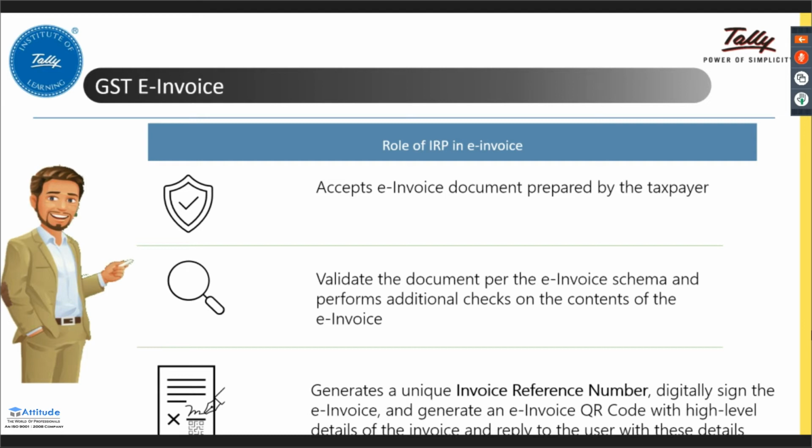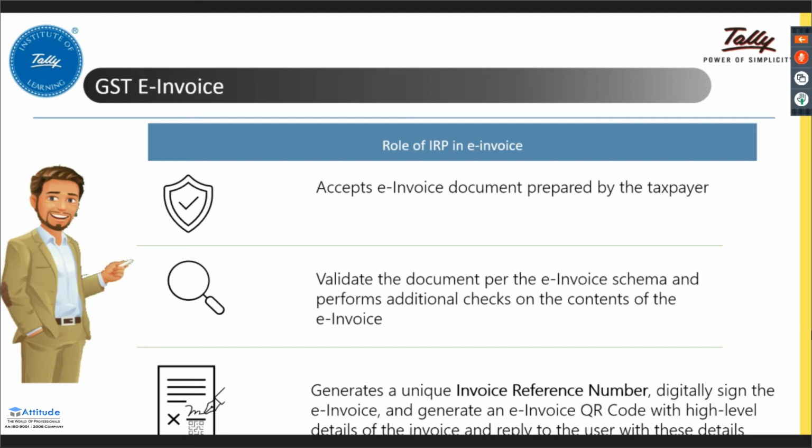Firstly, whatever tax invoice is generated by the supplier will get uploaded in the IRP portal, right? The IRP will accept the invoice, validate the document, and then generate the IRN, that is the invoice reference number. This invoice reference number will have some 64 digits.